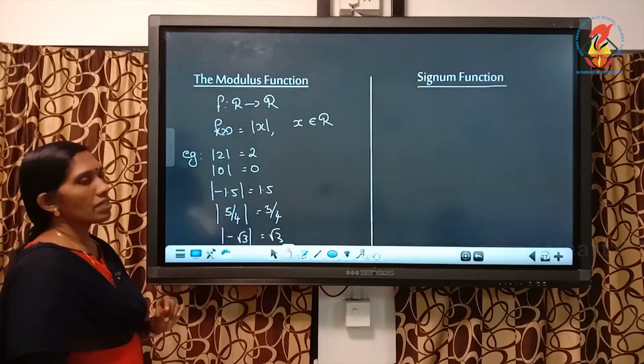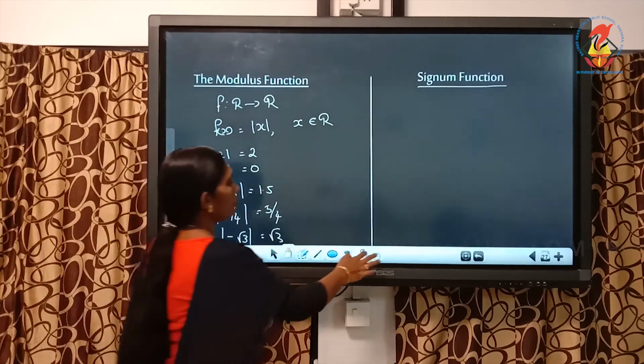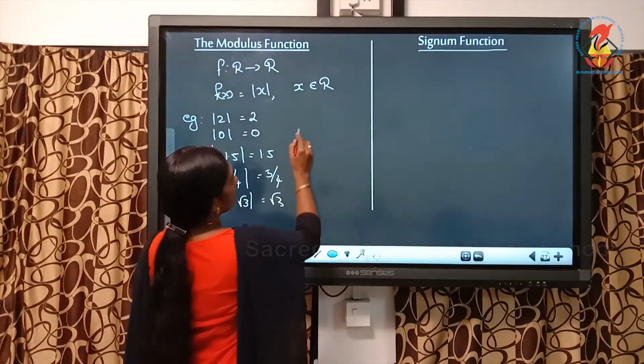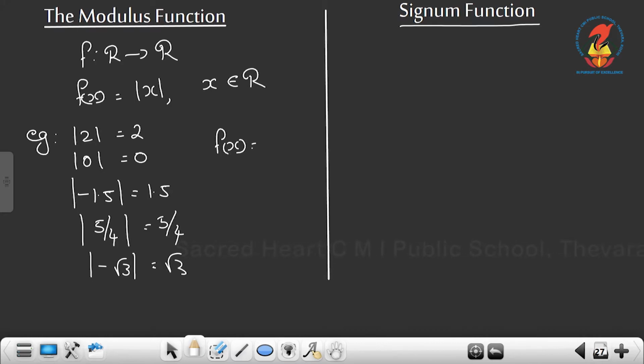So, this modulus we can again define. How to define that? F of x is equal to mod x. This is again defined as: when x is greater than 0, look, 2 is greater than 0, so what we get is 2 itself as the answer. So, mod x is equal to x itself when x is greater than 0.